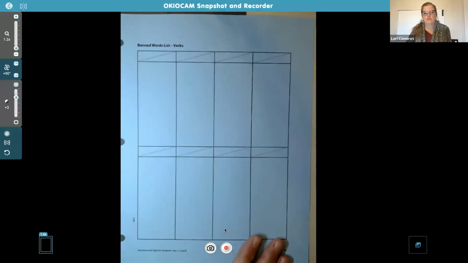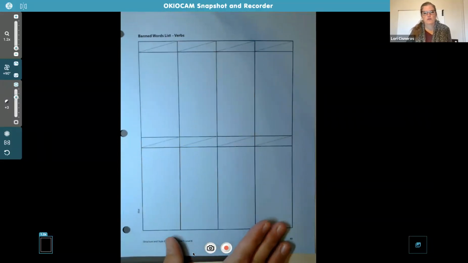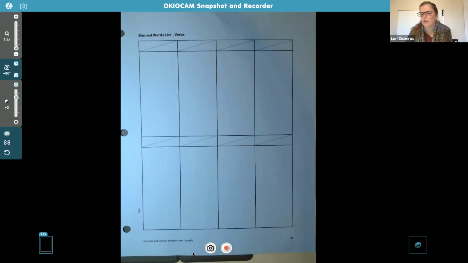So in your binder, I want you to look for a blue page and it's page 49, and it's blue. And it's called Banned Words List. Looks like this. Banned Words List, it's page 49, and it's blue.